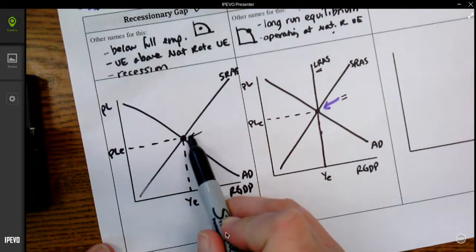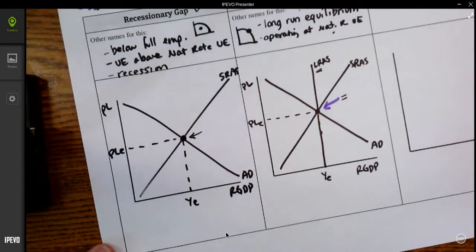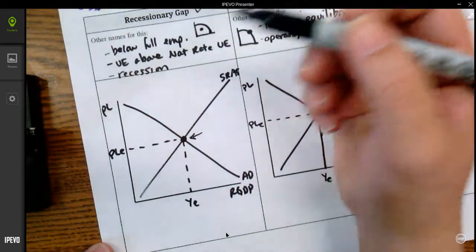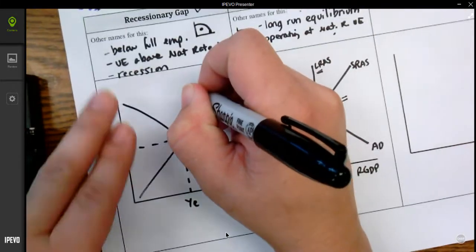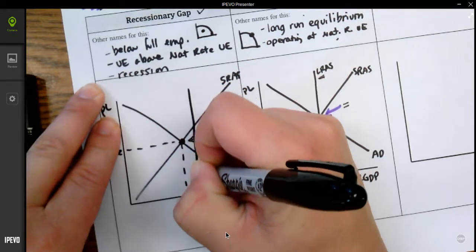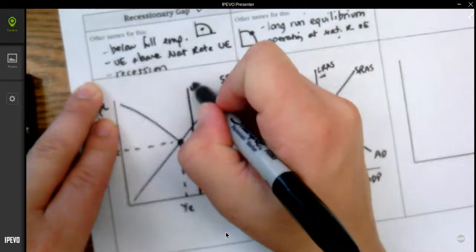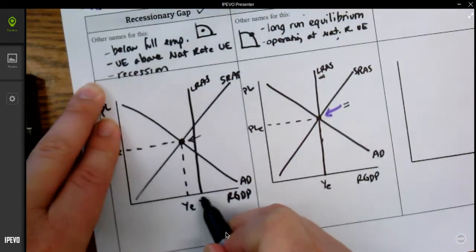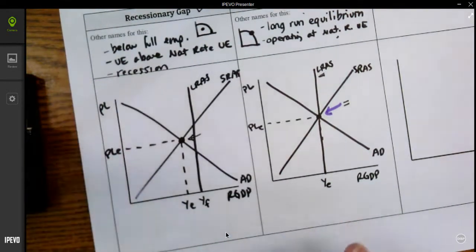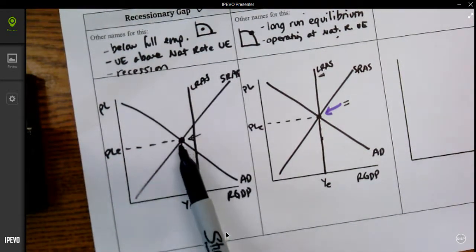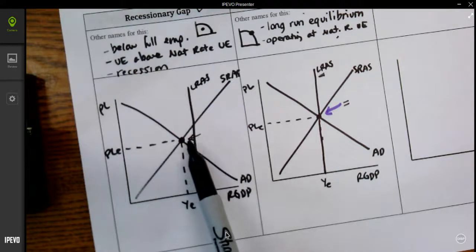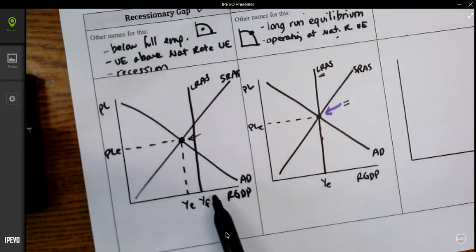This point shows us what the economy is currently operating at. So a recession means we're not operating at full employment, right? So if the long run aggregate supply line symbolizes full employment and we're not operating at full employment, then I need to put the current equilibrium point in the short run on the inside, or on the left, of this long run aggregate supply.